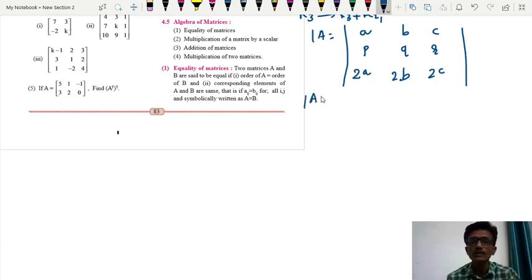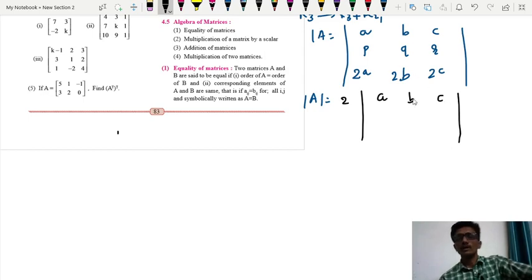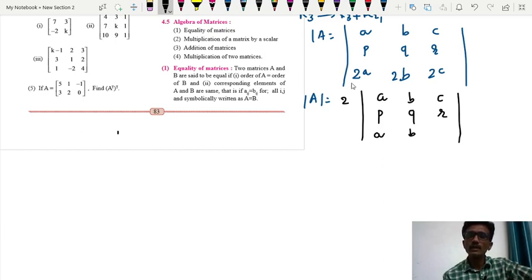Determinant of A will be equal to 2 times the determinant of ABC, PQR, and ABC again, after taking this 2 common.